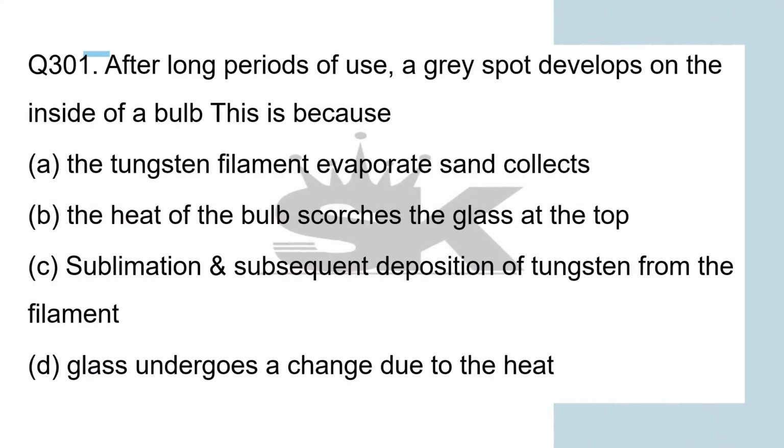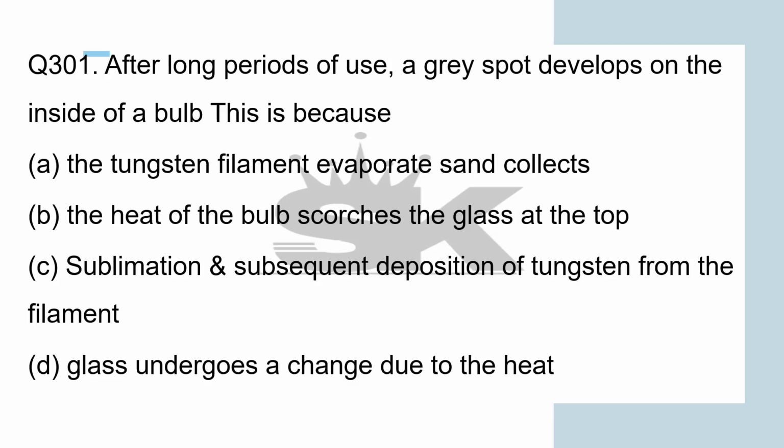After a long period of use, a gray spot develops on the inside of a bulb. This is because the gray spot that develops on the inside of a bulb after prolonged use is primarily due to the sublimation and subsequent deposition of tungsten from the filament.